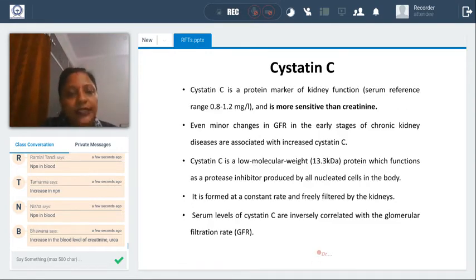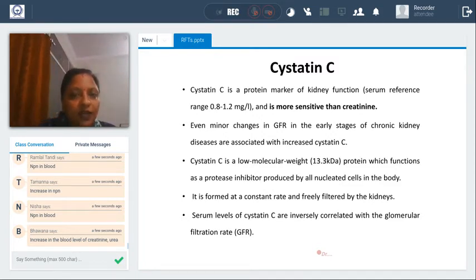Cystatin C. What is cystatin C? Cystatin C is a protein marker of kidney function. This is a biomarker of kidney function. Serum reference value is 0.8 to 1.2 milligram per liter, and this is more sensitive than creatinine.